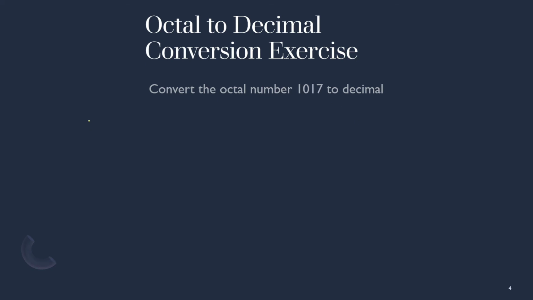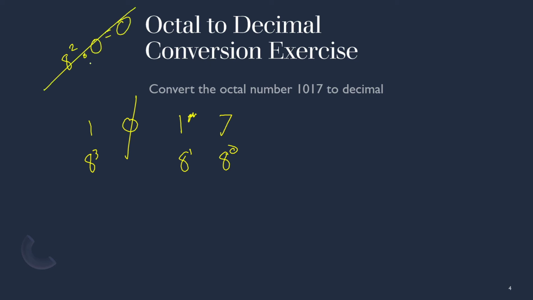So let's try 1017. We're going to start with 8 to the 0, 8 to the 1, and 8 to the 3. We can ignore this 0 because 8 to the second power times 0 equals 0, so it's not necessary. So it's going to be 1 times 8 to the third plus 1 times 8 to the first plus 7 times 8 to the 0.